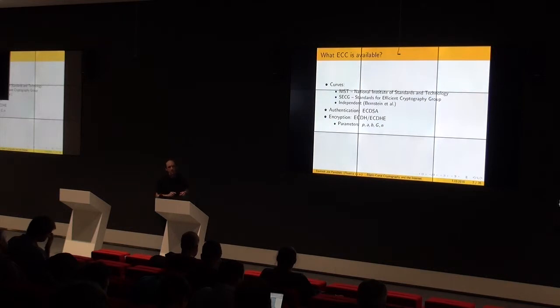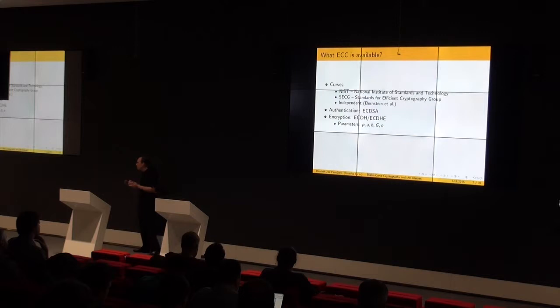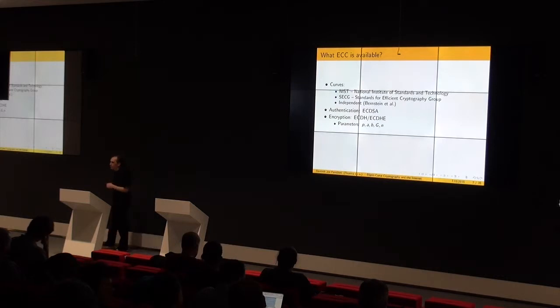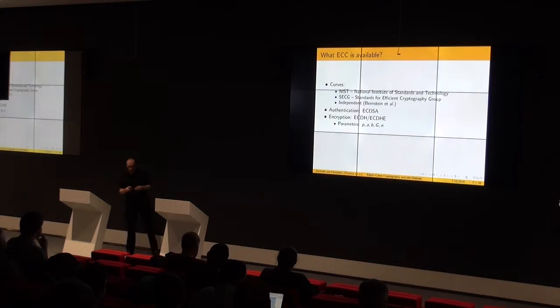First, you have to agree on the parameters. The P is some prime number which defines the two-dimensional finite field you want to use. Oh, wait, you don't have to worry about that, because if you choose a standardized curve, it's written there what P you should use. Then there are the parameters A and B. Once again, you shouldn't choose your own, you should use standardized ones, and they are there.